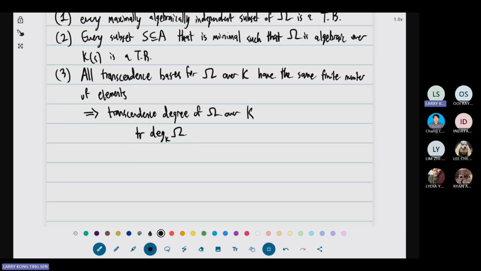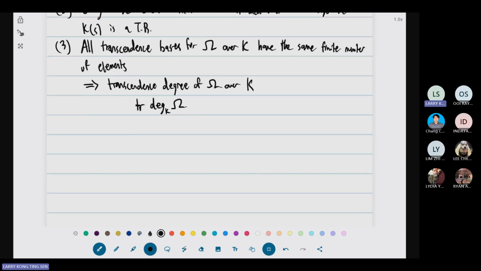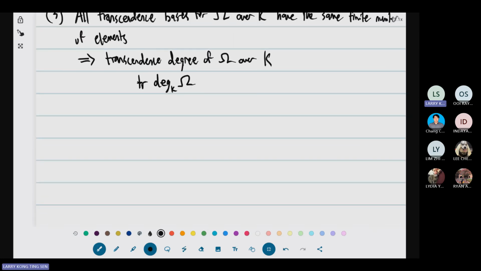To put it more precisely, how do I say this? Okay, an example might work better here.